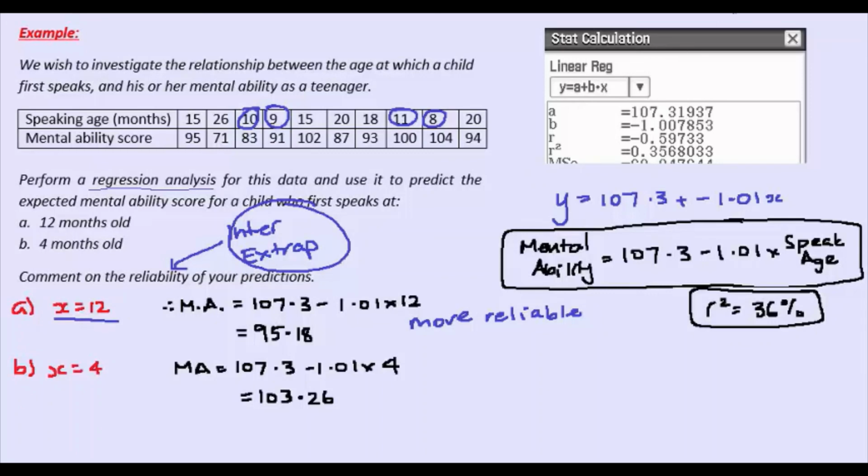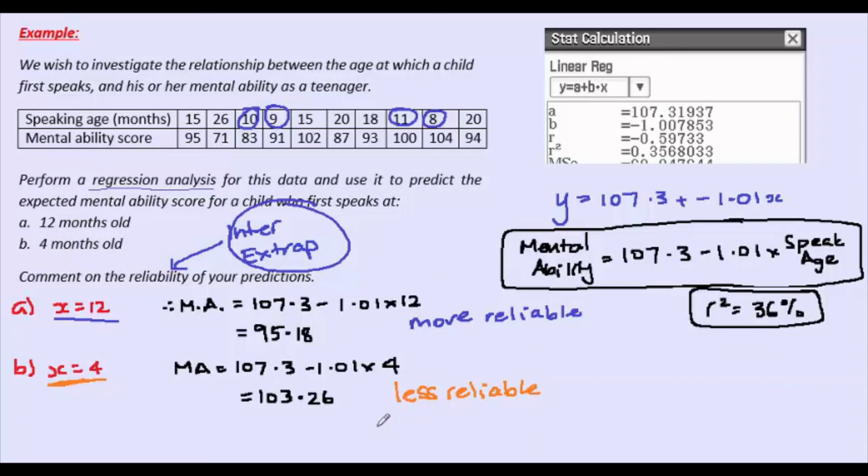In contrast, if we have a look at a child who first starts speaking at 4 months, there's no data that we can compare it to. So we don't know if this is correct or not. It might be spot on. We're not talking about accuracy here, we're talking about reliability. And this is less reliable because we have no data in that range.